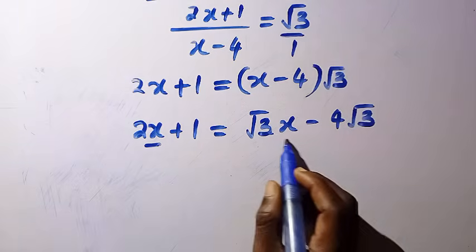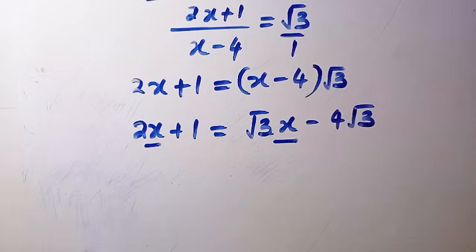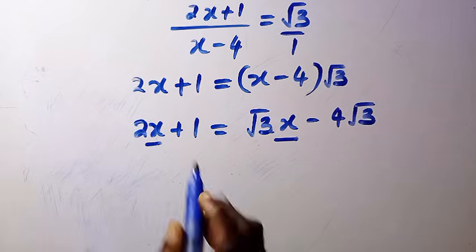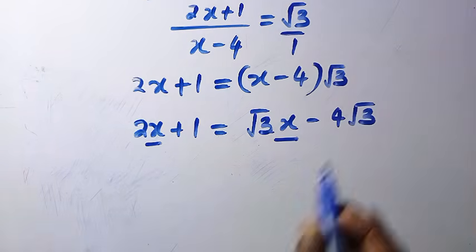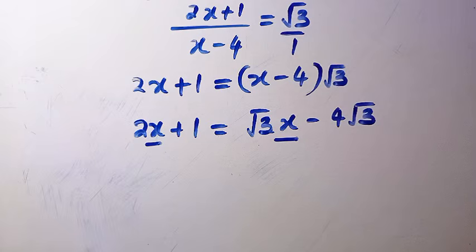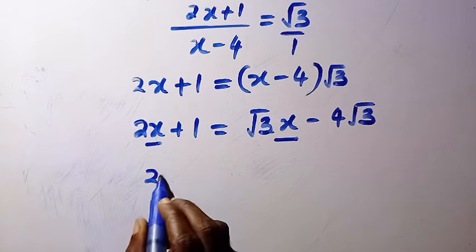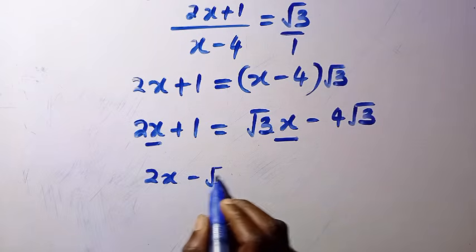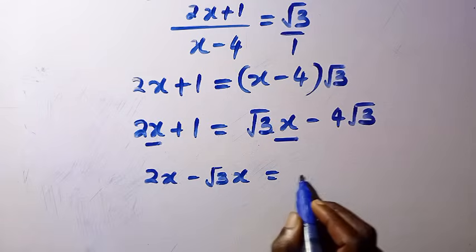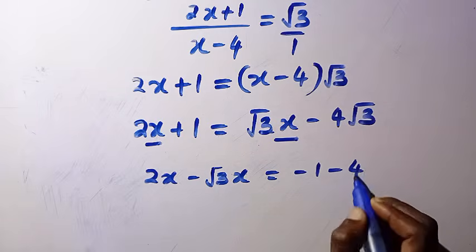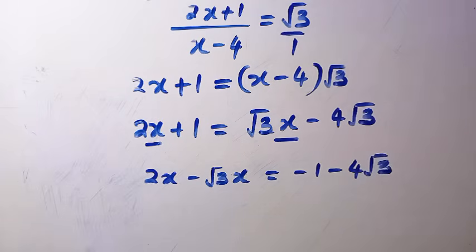This is x, this is x. We take them to one side and transfer this one to the other side as well. So this gives us 2x minus root 3 x equals minus 1 minus 4 root 3.